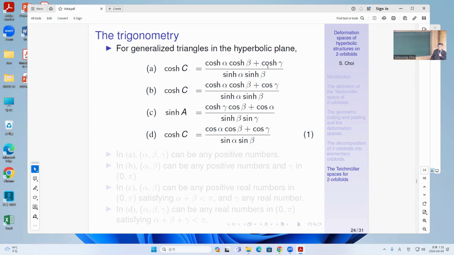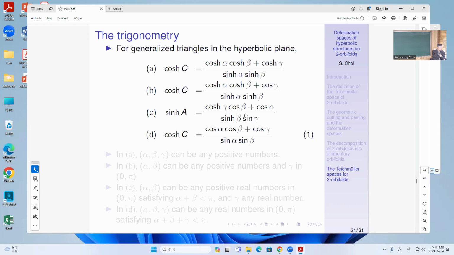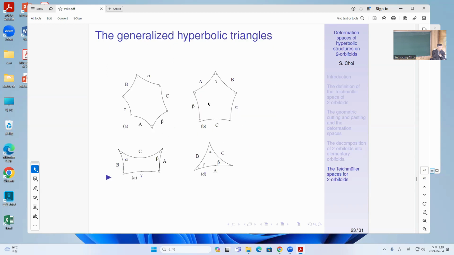In the complex setting, you can even have a complex picture where these are complex numbers, and you can see this better. So cosh is changed to cosine here. And once you know this, again if you know alpha, beta, gamma, then you determine C. The other lengths A, B are also determined by these three numbers by some different formula.